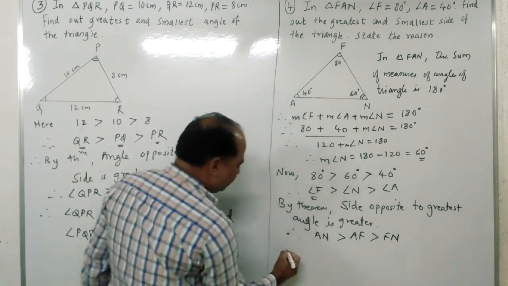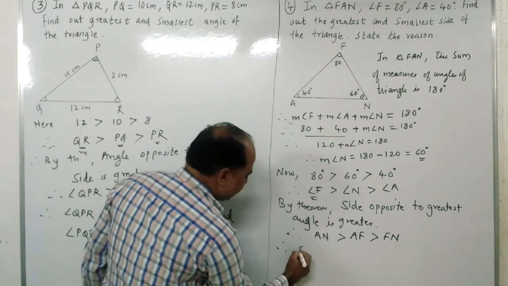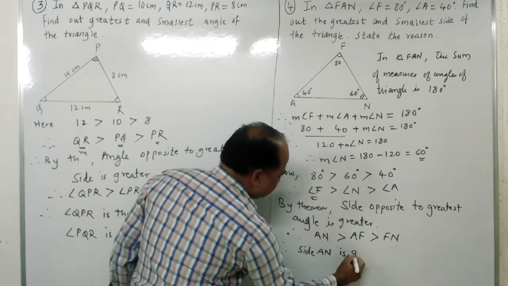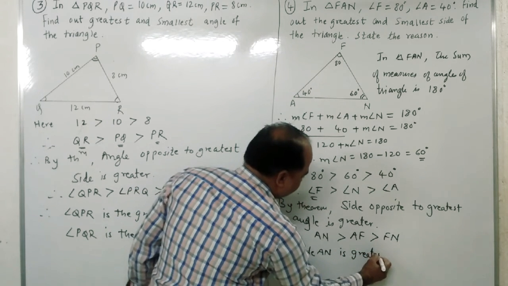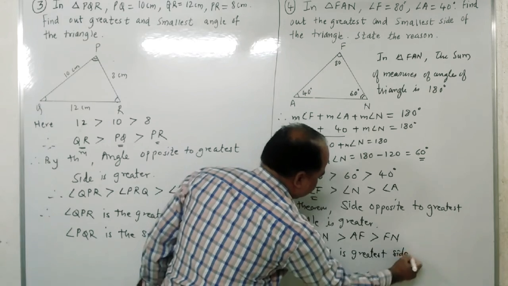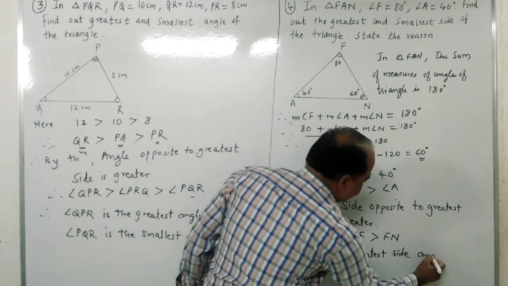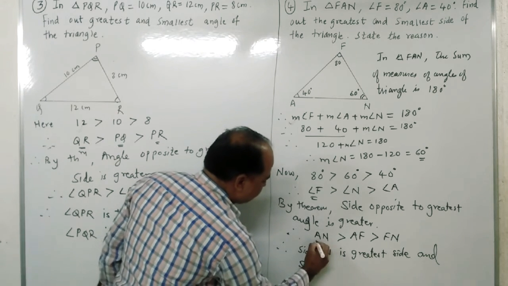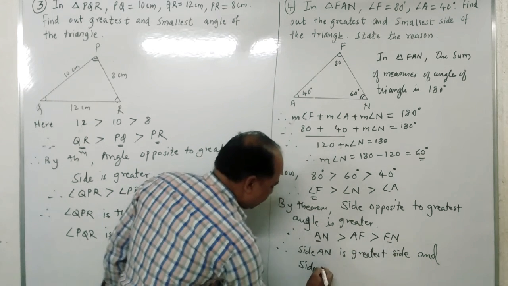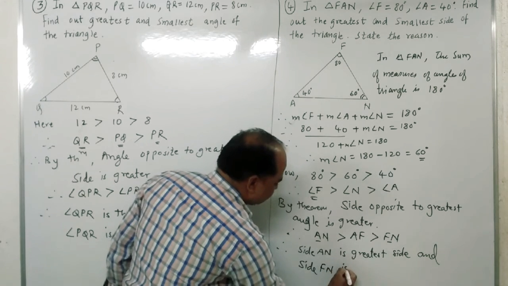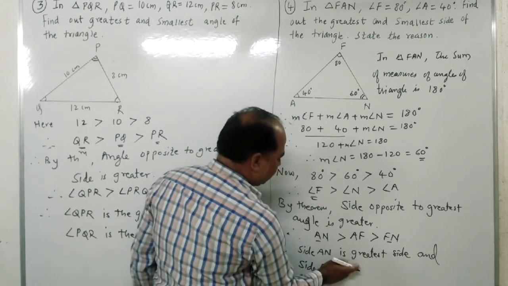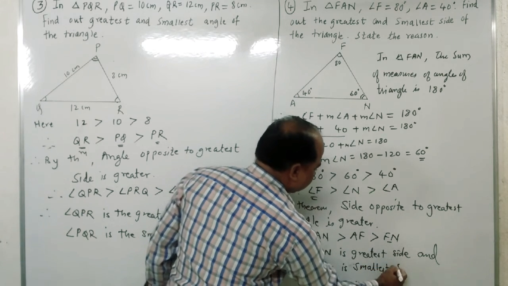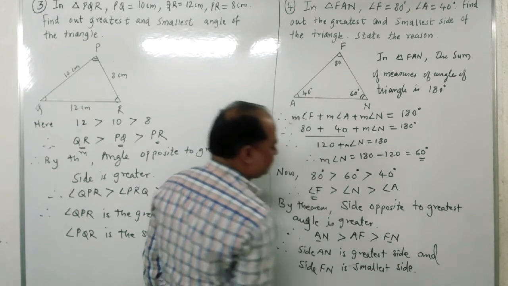So therefore, side AN is the greatest side, and side FN is the smallest side.